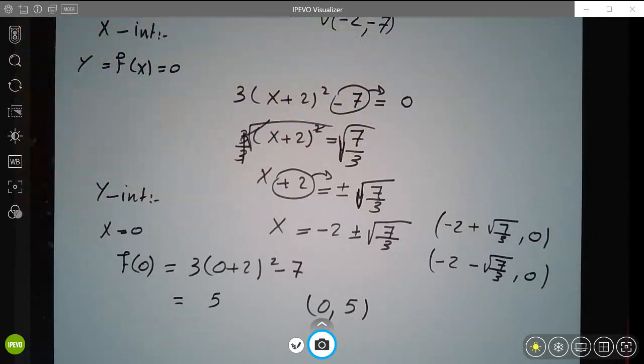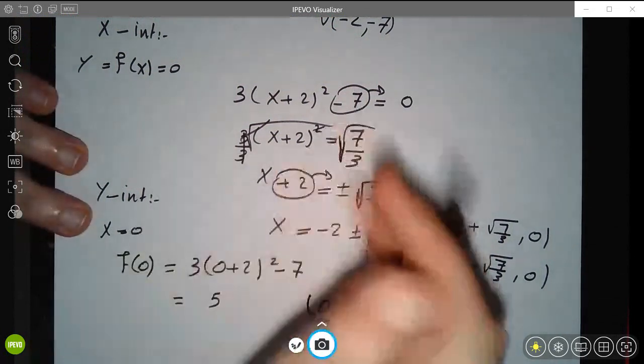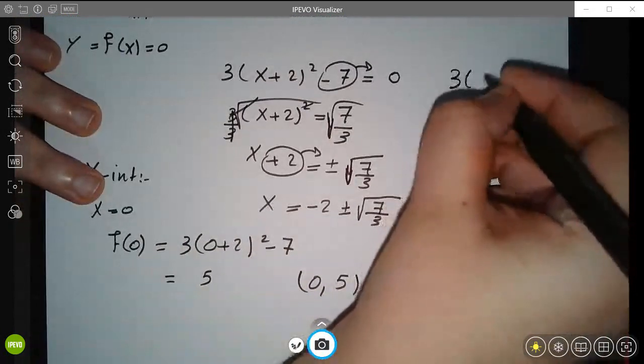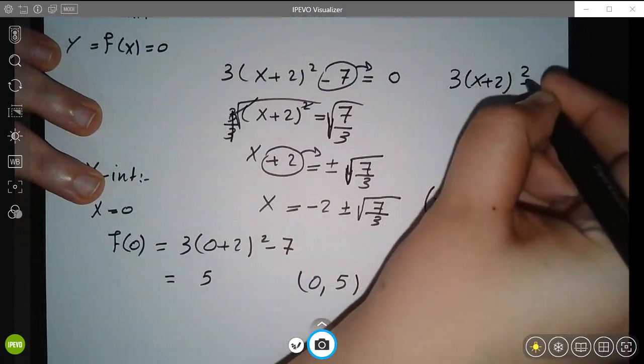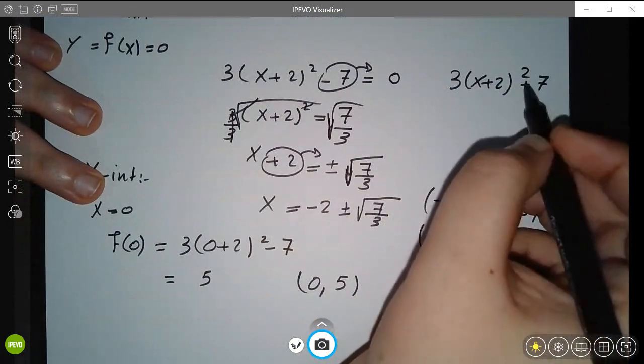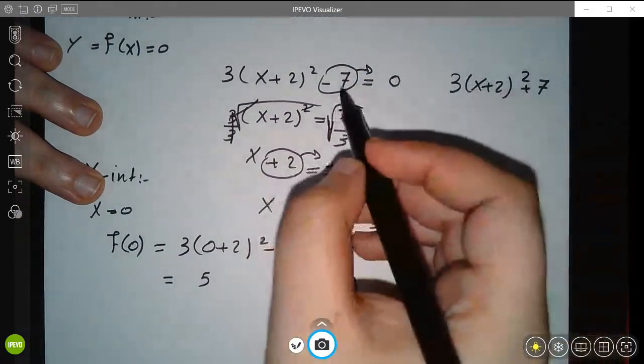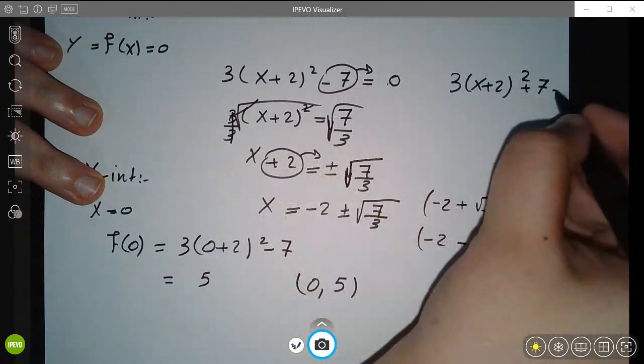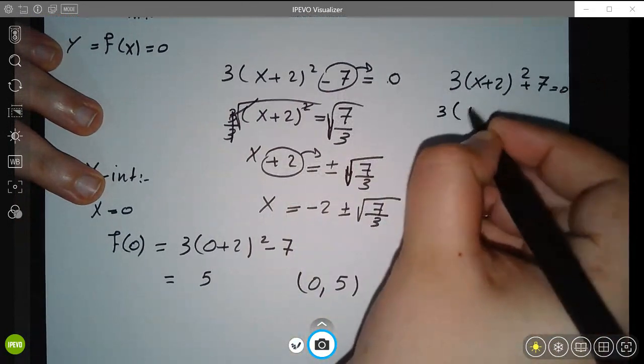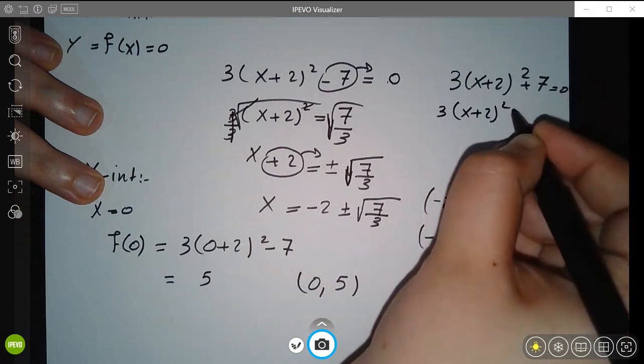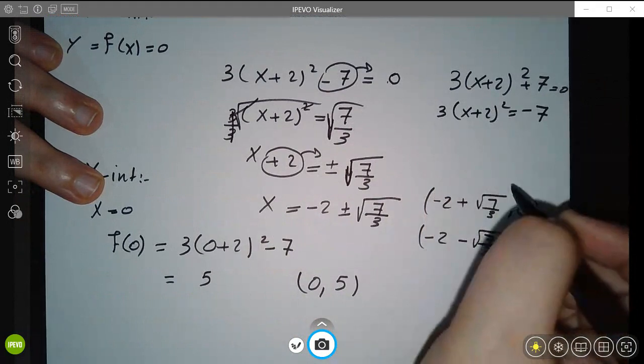Make sense? So you only get to see no intercept if I just did the same one, 3x plus 2 squared plus 7. The function looked like this instead. When you move the 7 over, equals 0. So 3x plus 2 squared equals -7.